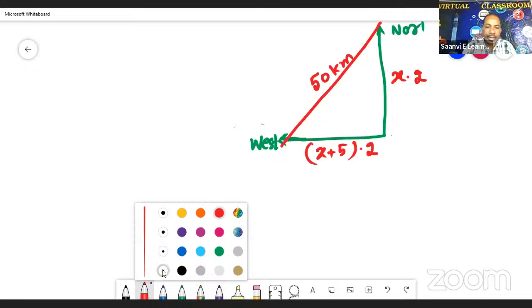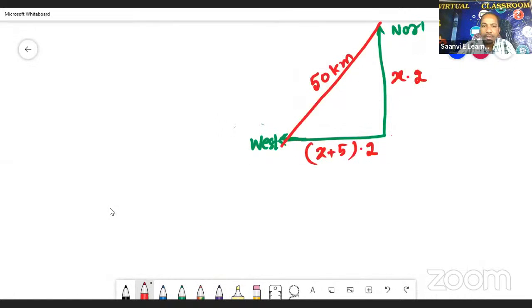Okay, children, draw the diagram. Now write the explanation. 8th problem.